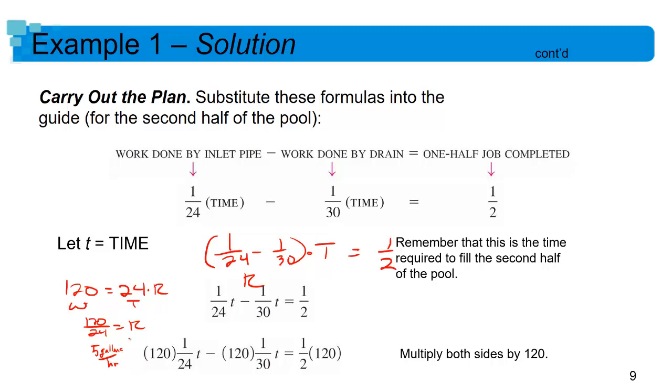What I'm saying is we can make our rate whole numbers instead of fractions, because the same thing happens for draining, because it drains an entire pool. It drains all 120 gallons in 30 hours. That's its rate. So you divide by 30 and you get 4.